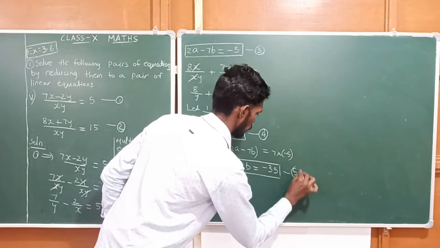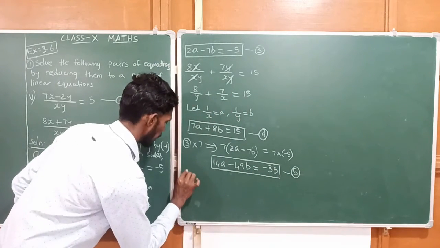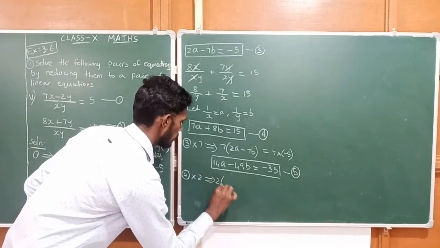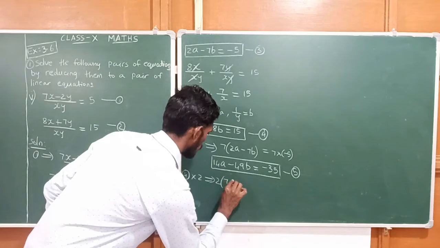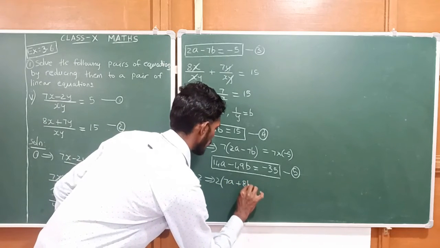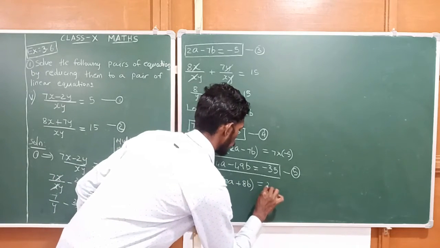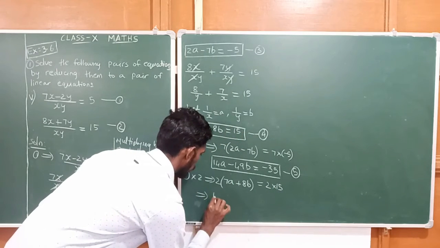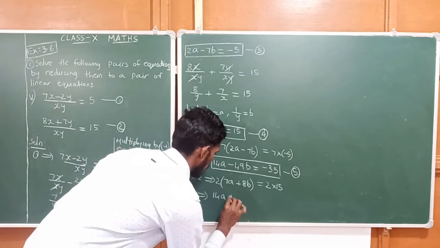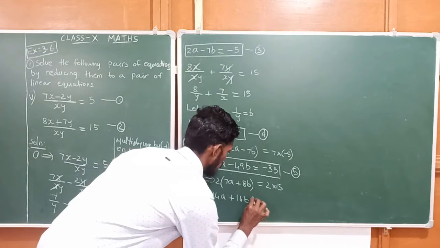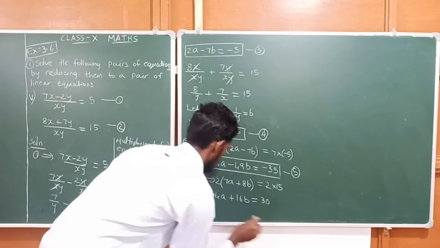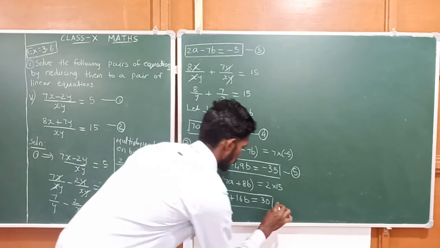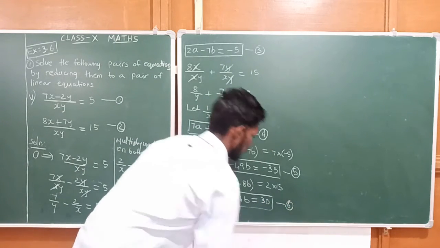Equation number 5. Then equation number 4 is getting multiplied by 2 on both sides. So it becomes 2 into 7a plus 8b is equal to 2 into 15, which gives 14a plus 16b is equal to 30. Mark this equation as number 6.